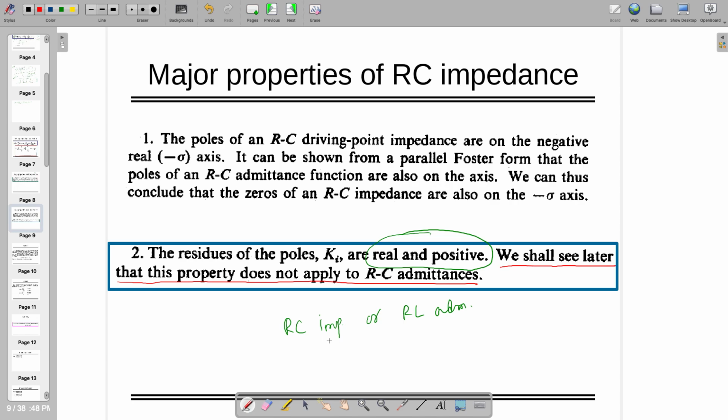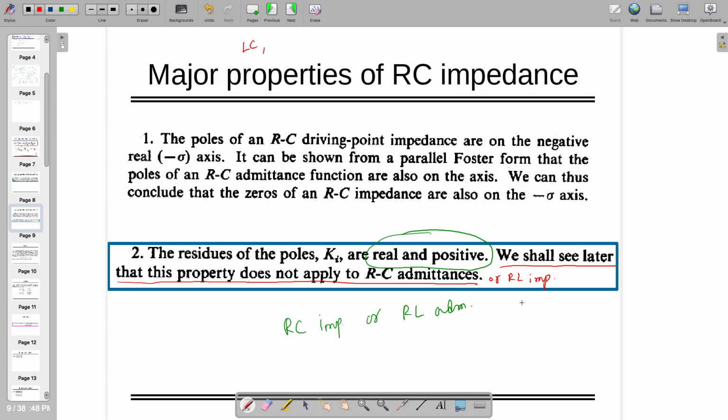So that's the only different property, and that's why I kept it here. So all the residues in the case of LC and RC impedance or RL admittance will be real and positive. However, in the case of RC admittance or RL impedance, you are going to see those values will be real but negative.